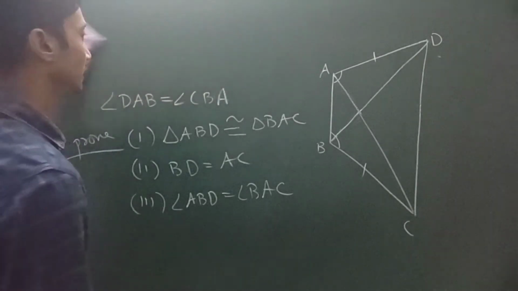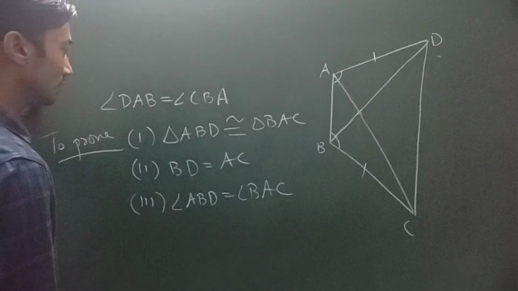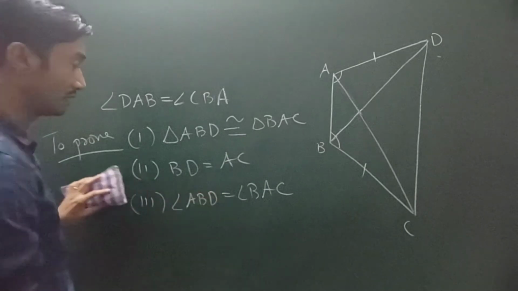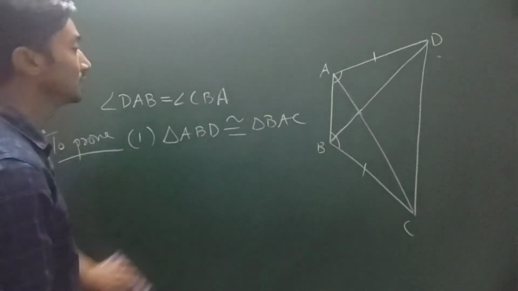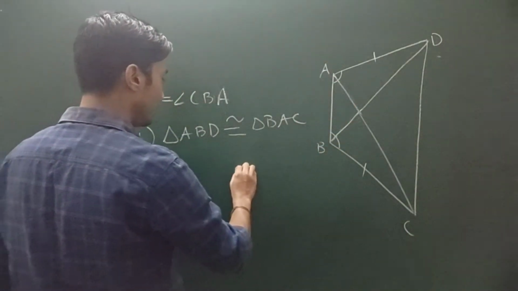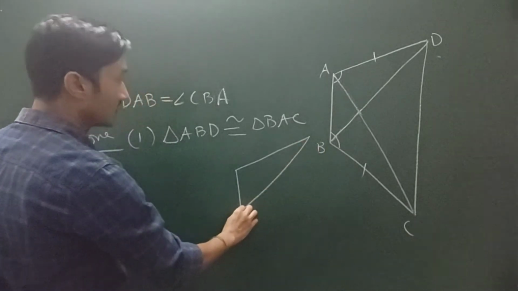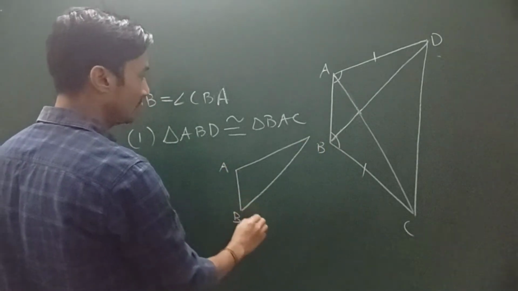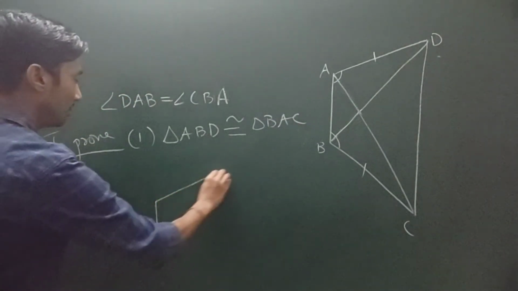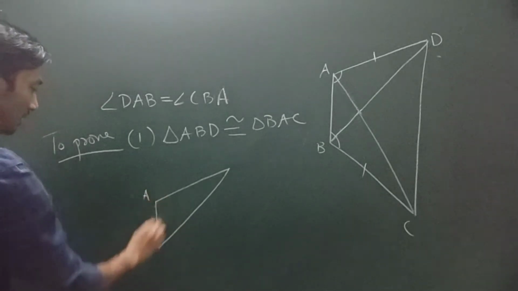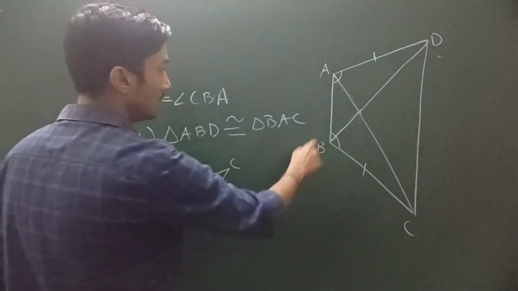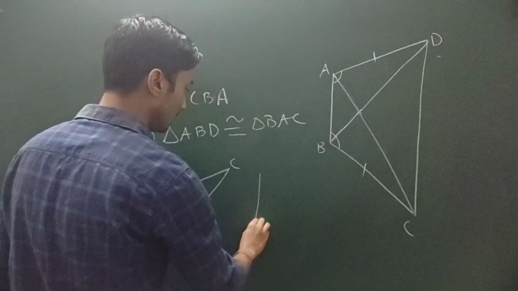Okay, now look here. I'm going to cut out the triangle ABD and BAC. I'll just cut by a scissor. So this is A, B, I'll just draw here. Angle ABD. So this is AB without changing anything, okay? ABD. And the other one is BAC.